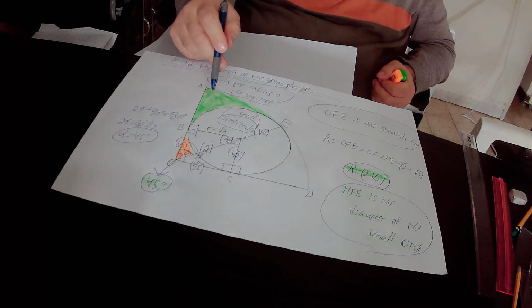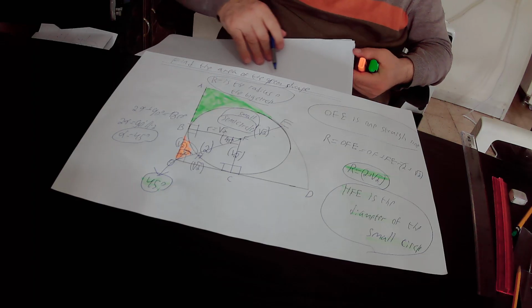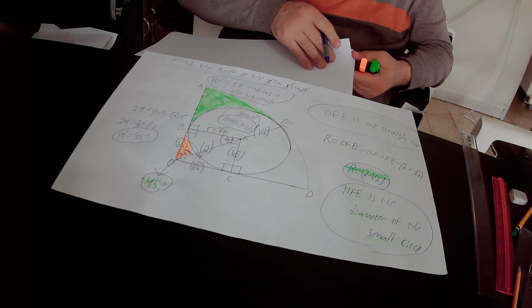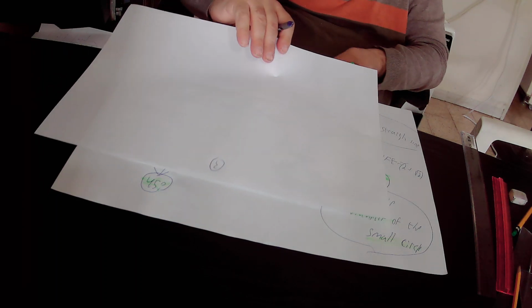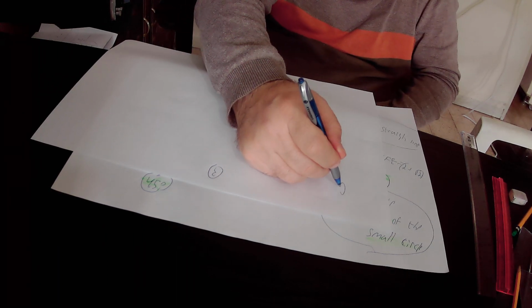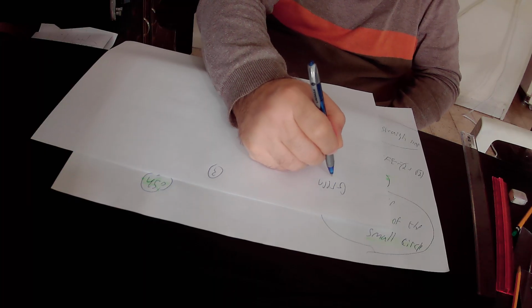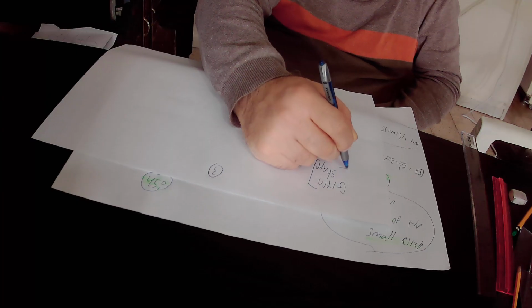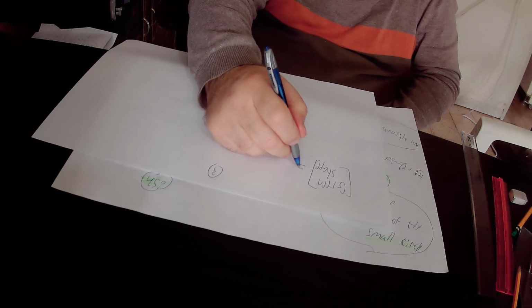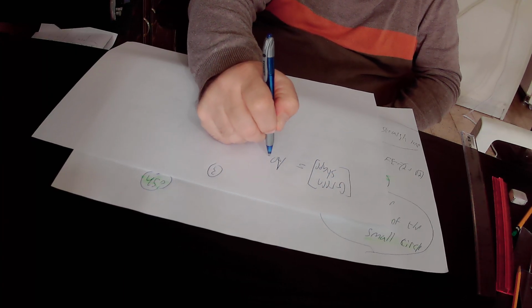Our mission is to find out the area of this green shape. And we now repeat again that the area of the green shape in total is equal to the area of the big sector AOE.